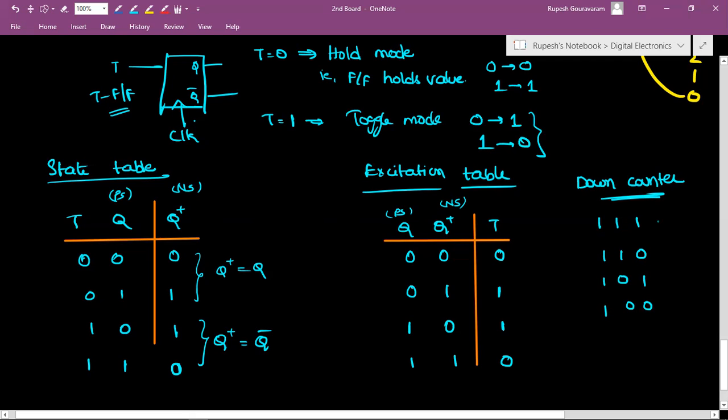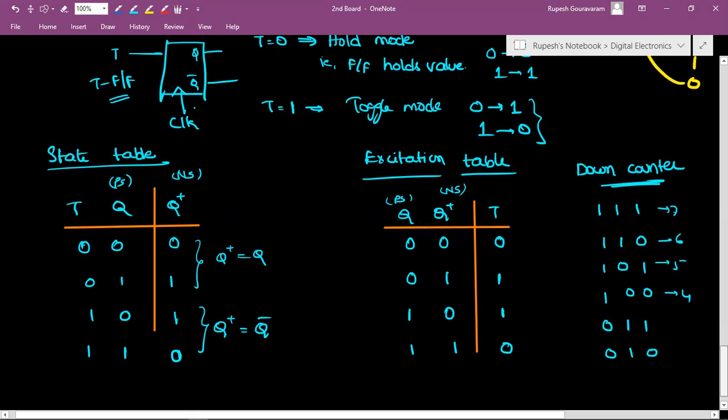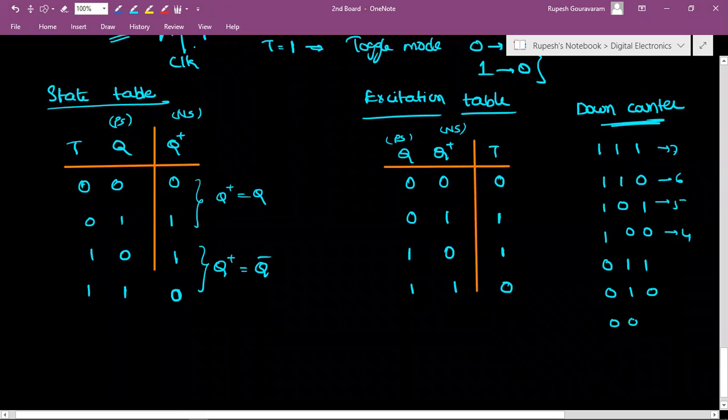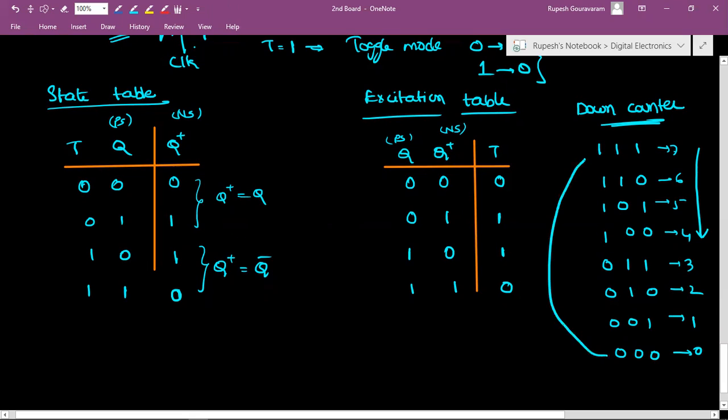So this is 7, this is 6, this is 5, this is 4. And what will be the 3? 0, 1, 1 is 3, 0, 1, 0 is 2, 0, 0, 1 will be 1, and 0, 0, 0 will be 0. So this is 3, 2, 1, and 0. So the down counter goes in this fashion, goes from 1, 1, 1 to 0, 0, 0. After that, it again comes to 1, 1, 1. Okay.